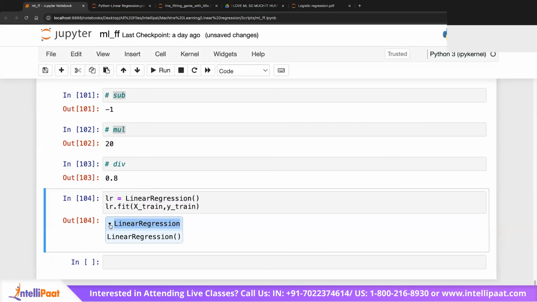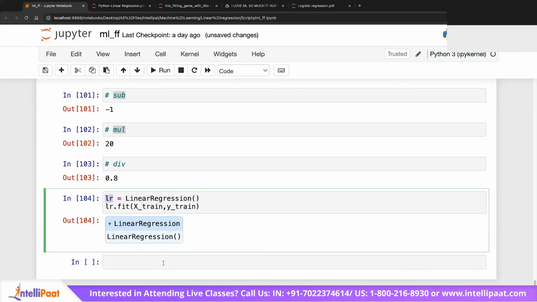This shows that the model has run. The name of the model is called what? LR. You can give it whatever name you want. I have named it as LR, and your linear regression has run. Are we clear?